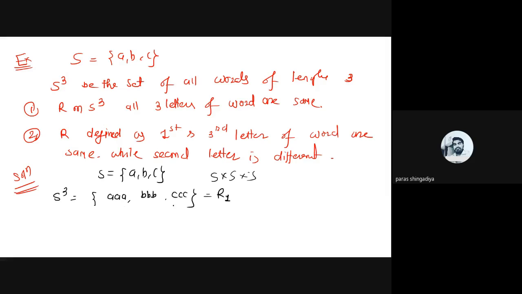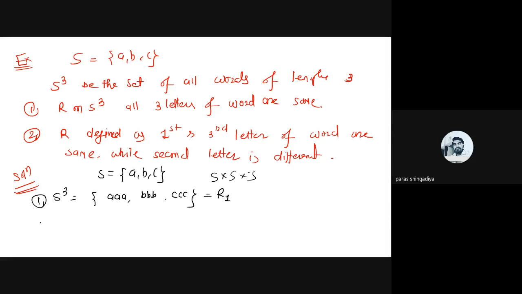Here all three letters are the same. There is no other choice where all three letters are the same. A, B, C you can consider, A, B, B you can consider, A, B, C, but those are not the same. Only in this case do we have all three letters the same.